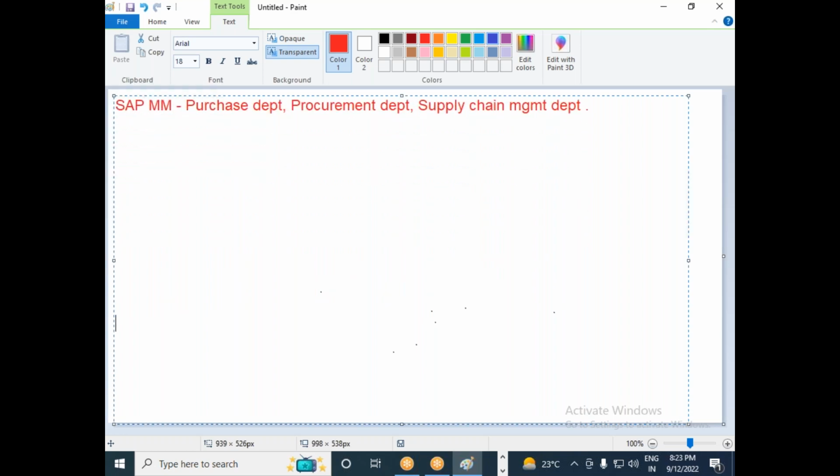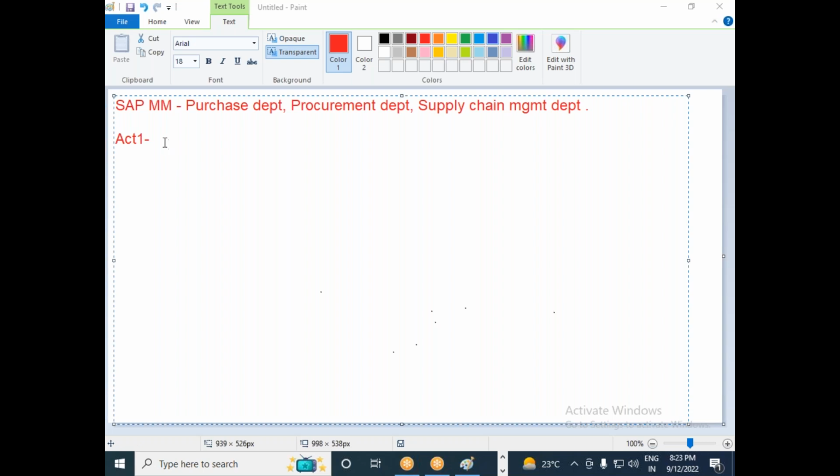There are two types of activities that the purchasing department is going to do. Activity number 1: purchase requisition. Not only purchase requisition, there are other activities as well, along with purchase requisition.